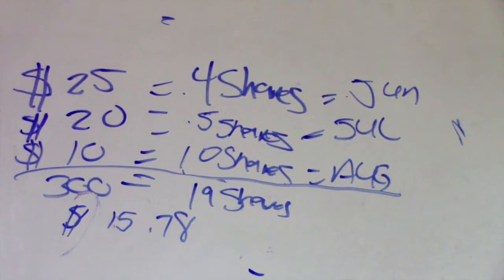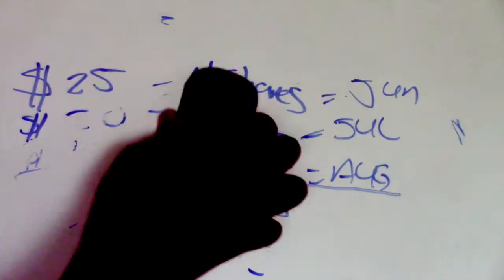Then let's say the stock took off, let's say the stock went back to $20, right? So we all got this, right? That you bought the stock while it was going down. So your dollar cost average is $15.78 for 19 shares. So let's see how this would benefit you.